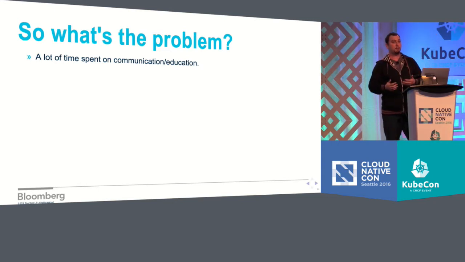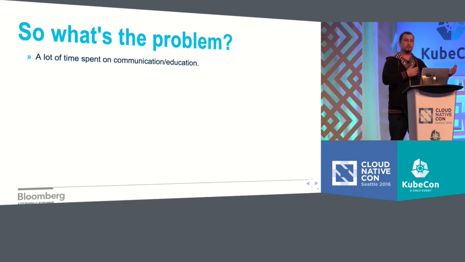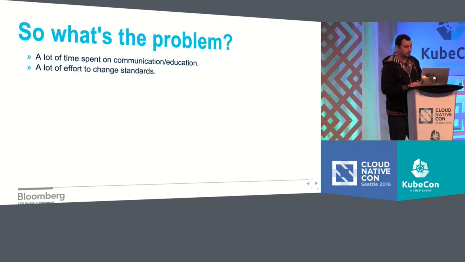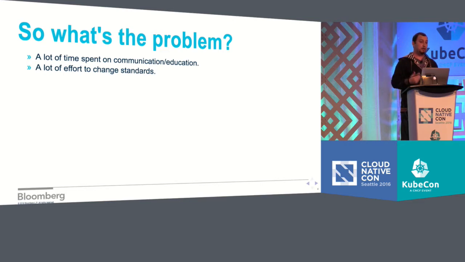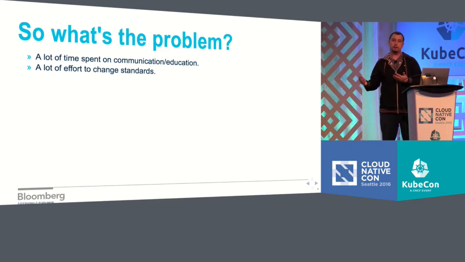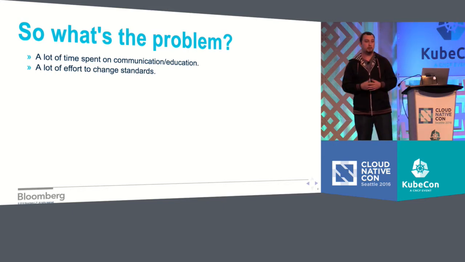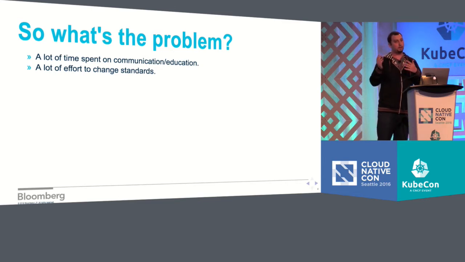A big part of the problem is when people move around within our development teams, various developers have to relearn methodologies specific to their team. There's a lot of effort in changing the standards. When someone spends all that time learning a new process, they don't want to relearn something again. I'd never want to relearn something when I know the process I'm doing works, unless I absolutely have to.